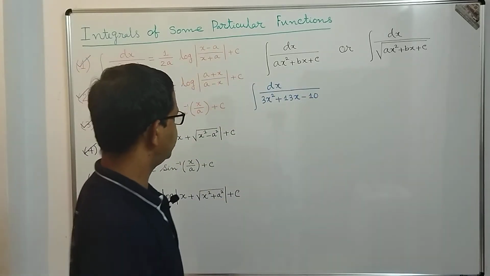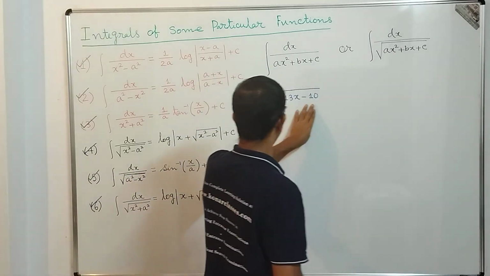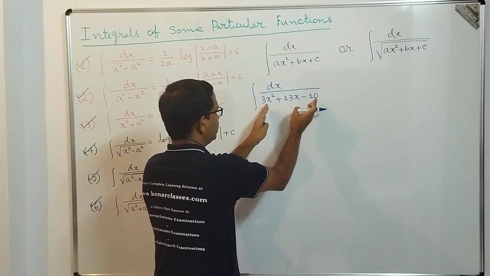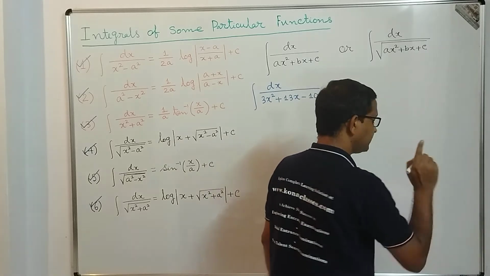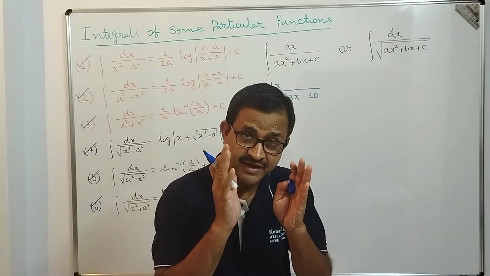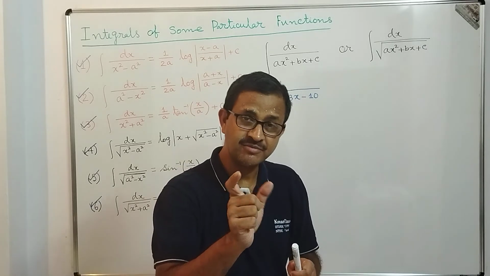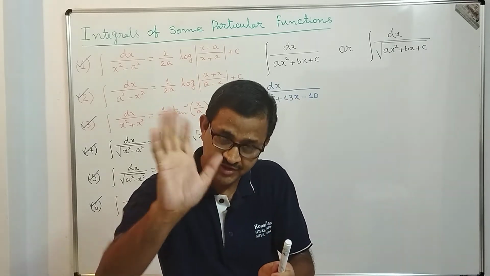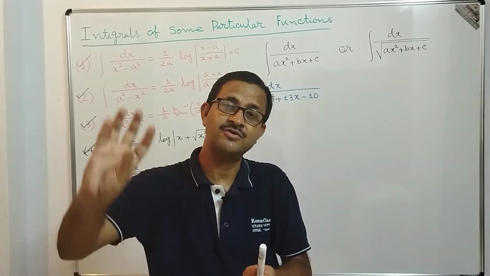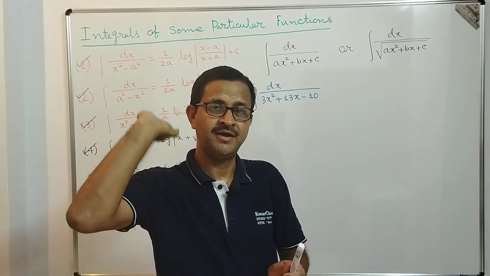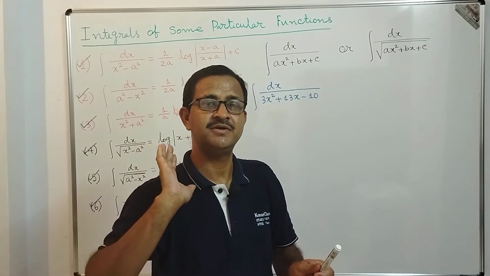In a similar manner, dear students, first we need to work on this quadratic expression. And what is the purpose? The purpose is that the entire quadratic expression has to be expressed like x plus or minus some constant complete whole square, plus or minus some other constant complete whole square. After that, integration will be very easy.